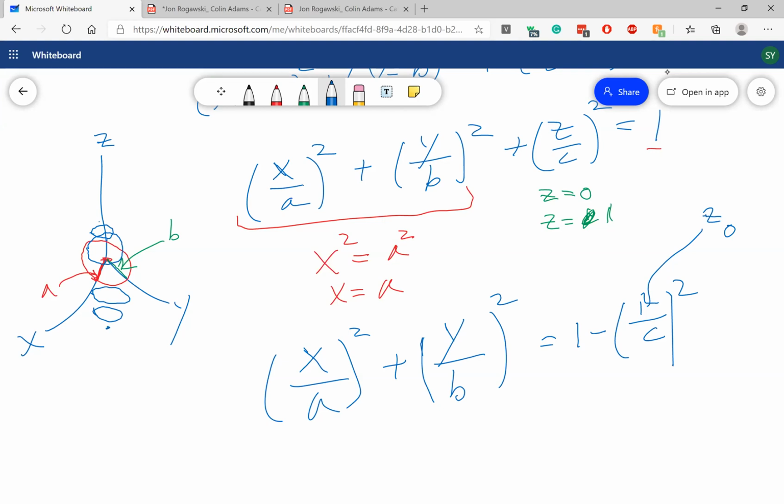Now, this isn't drawn perfectly, but it would end up looking like an ellipsoid. In the x direction, this over here is a, and this over here is b. That's the y direction, and this over here is c.